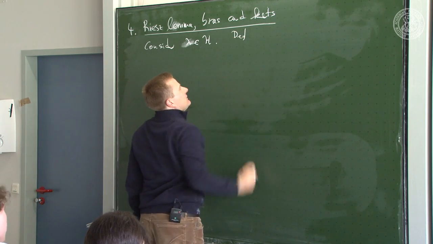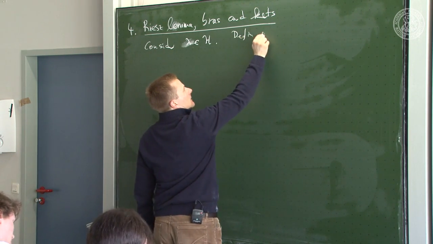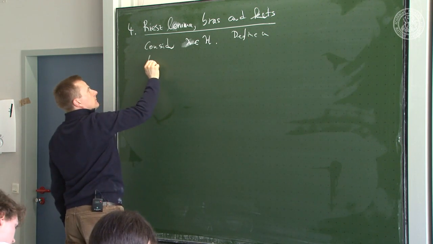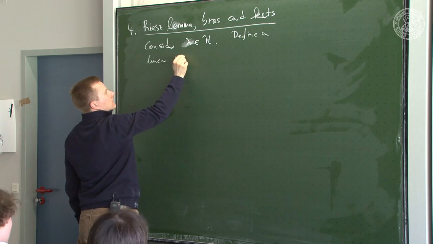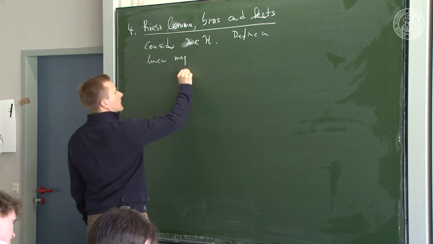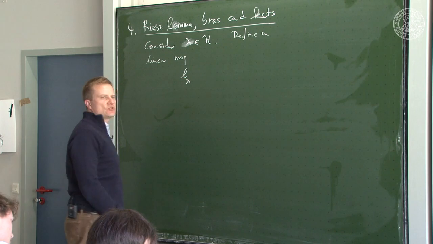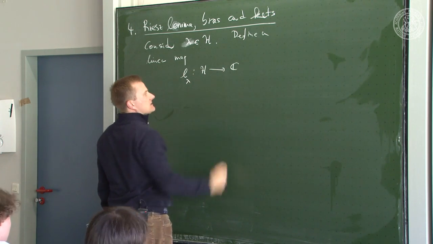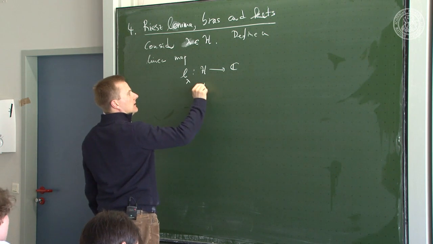Then you may define a linear map. Let's call it L sub lambda. It's constructed from the lambda. It takes you from H to the complex numbers in the following fashion.